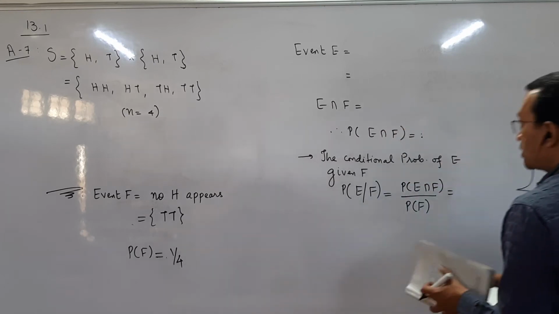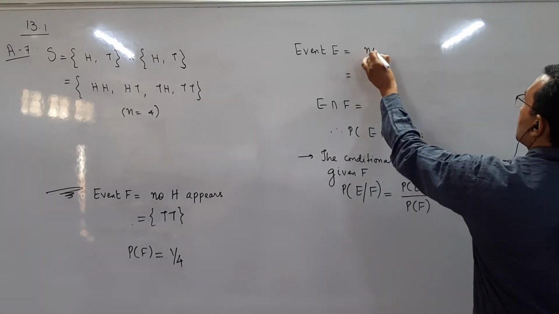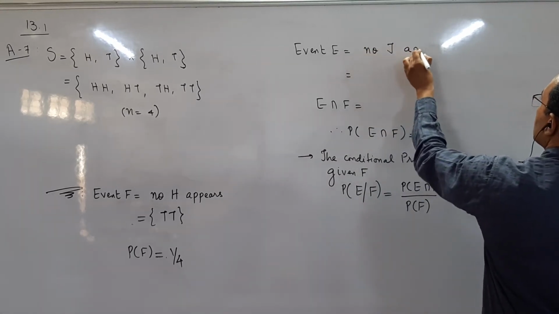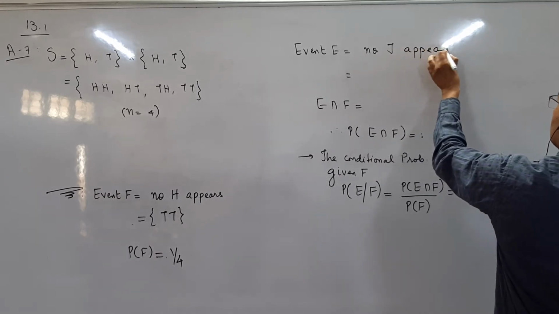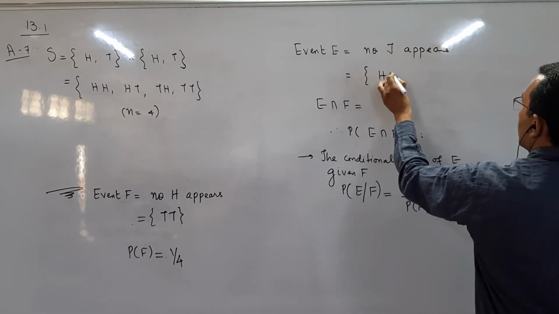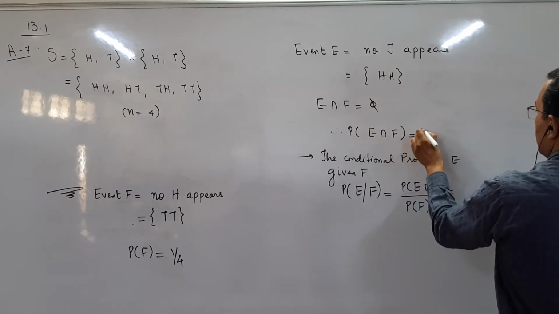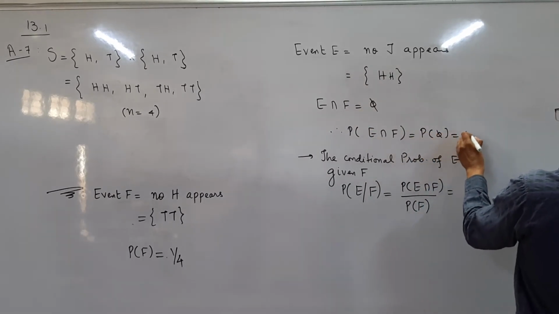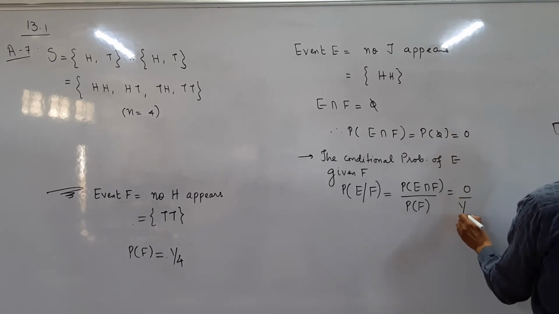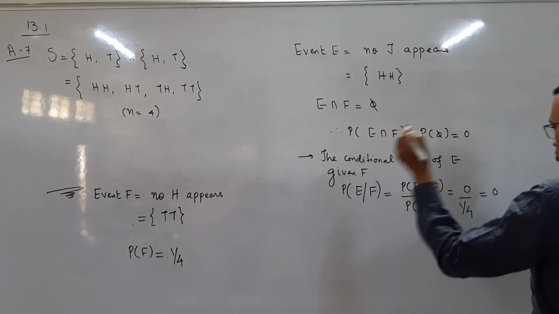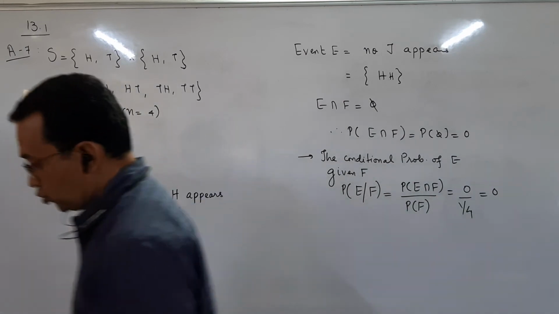Event E, no tail appears. No tail appears, so definitely both are heads. So E intersection F is the null set, and therefore the probability of the null set is 0. So the final answer turns out to be 0.